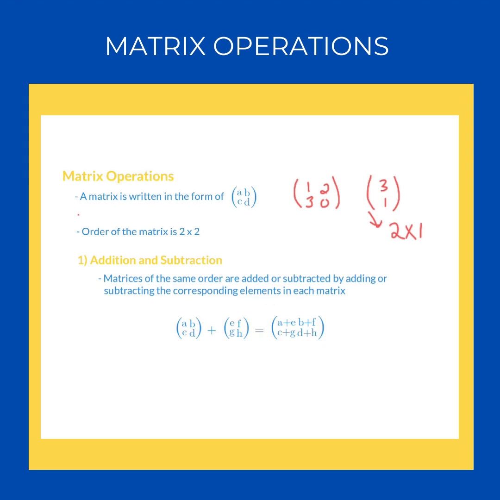So before doing the addition or subtraction of the matrices, I have to check whether the order is the same or not. So for this matrix, the order is 2 by 2 because I have two rows and two columns, and for this matrix the order is 2 by 2 as well. Now I can add the two matrices.